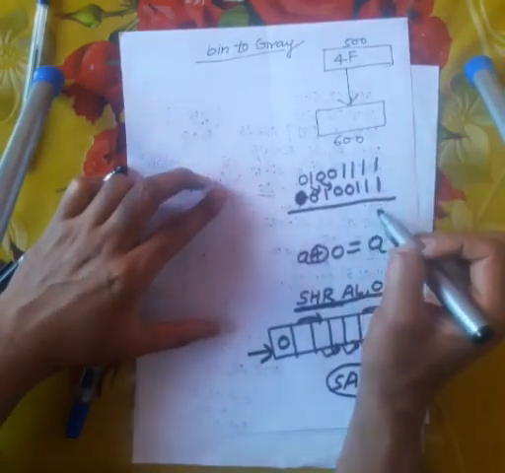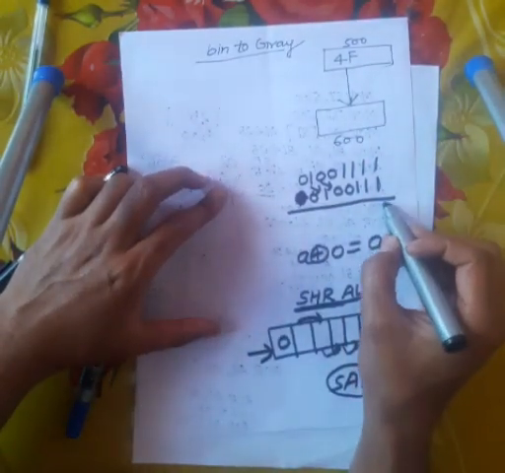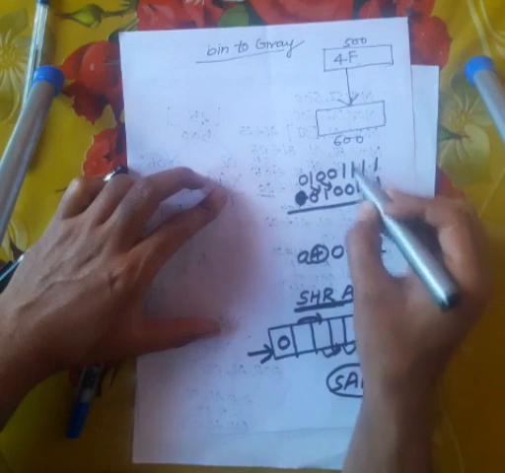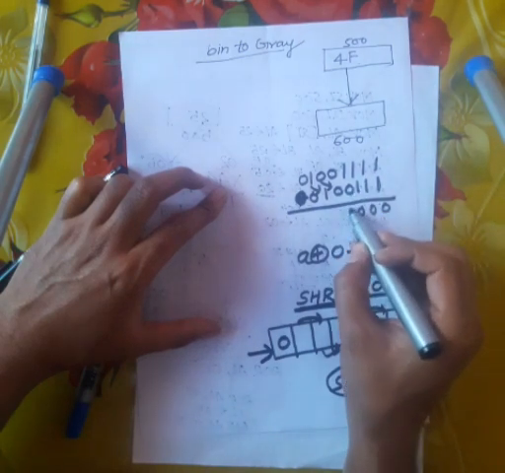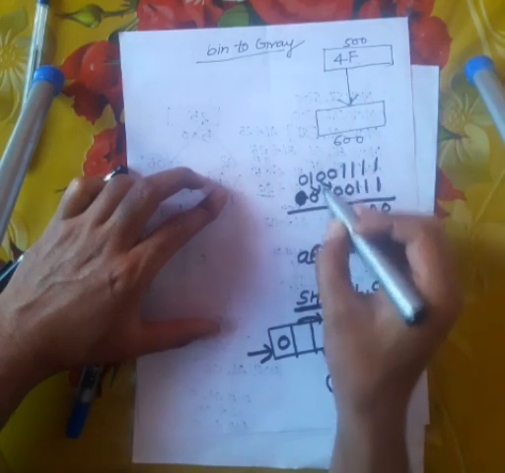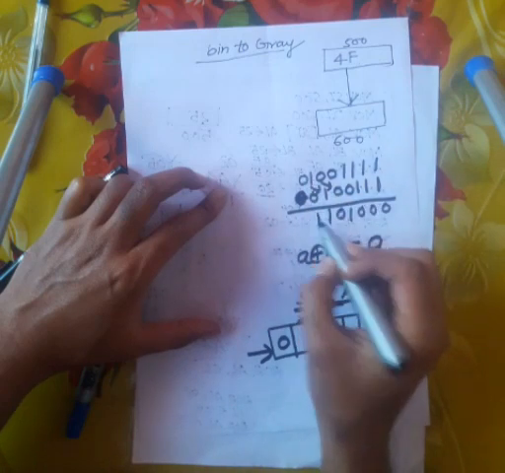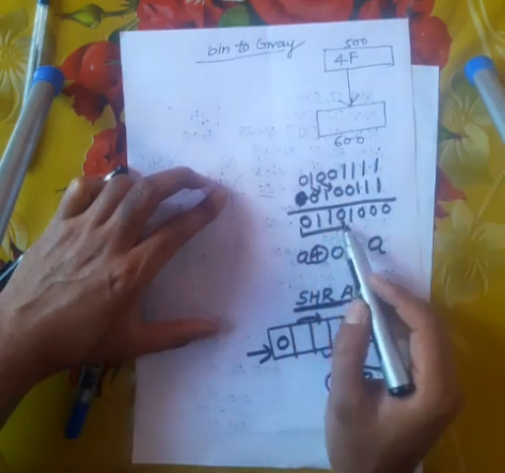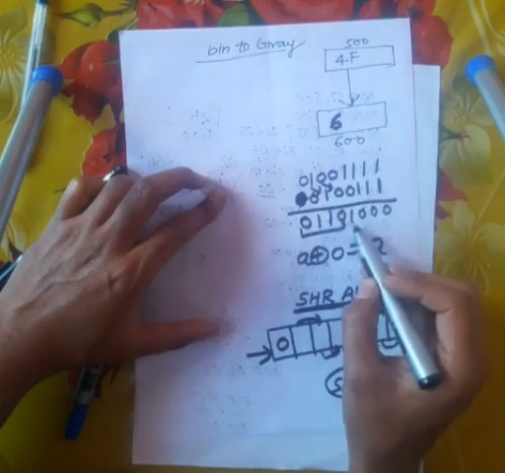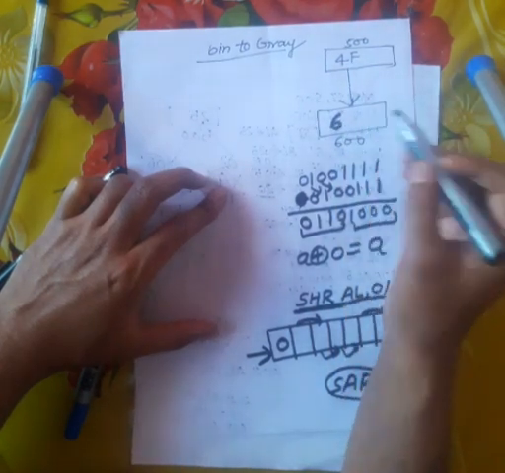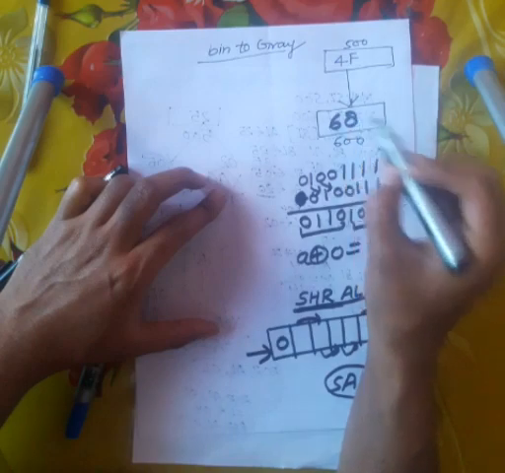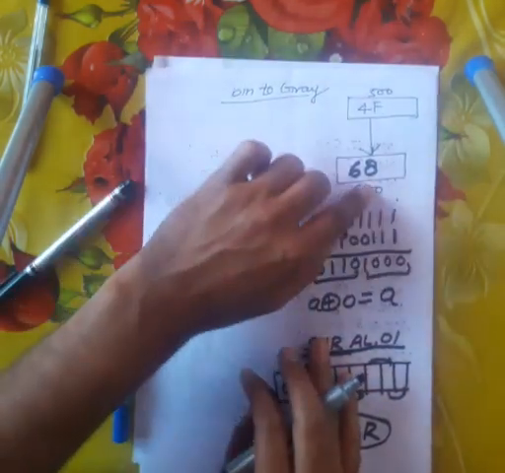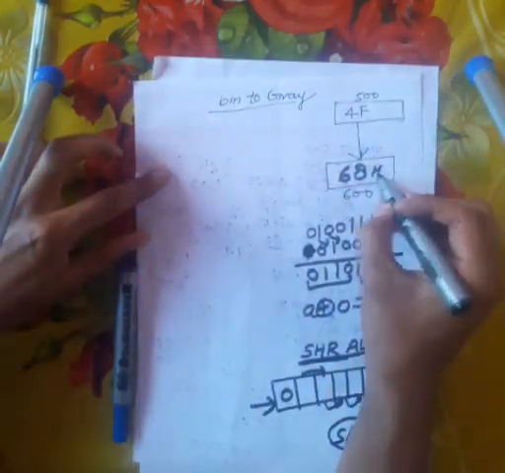So now perform the XOR operation. 1 1 1 ... this gives 0110 1000, which is 6 and 8. This will be the answer in gray, 68H.